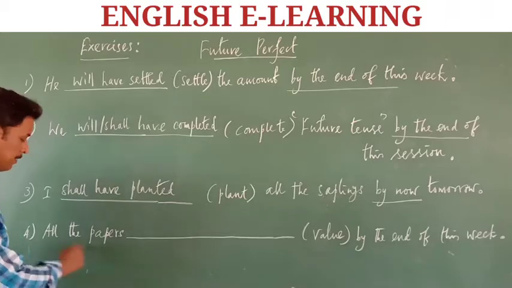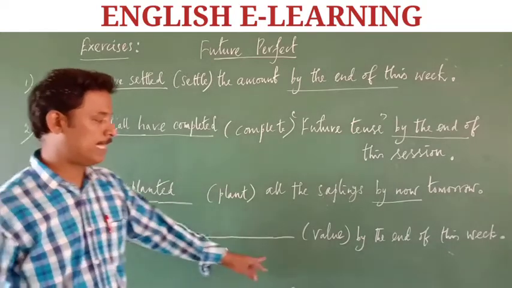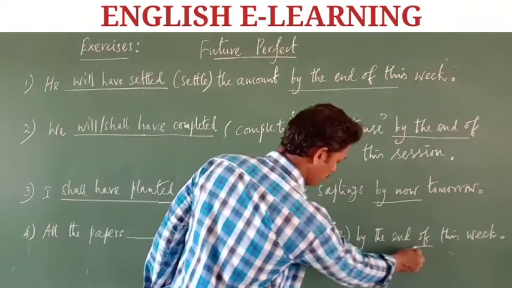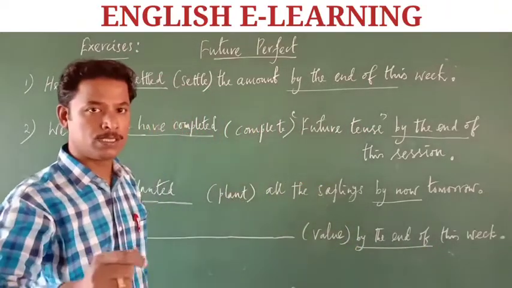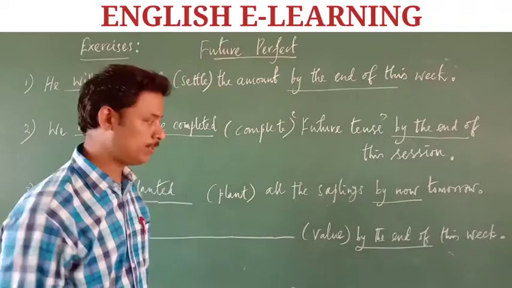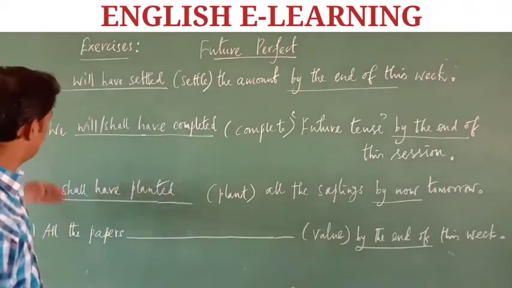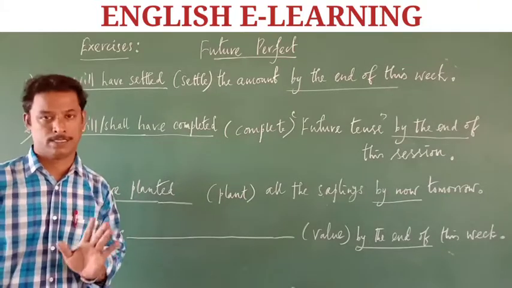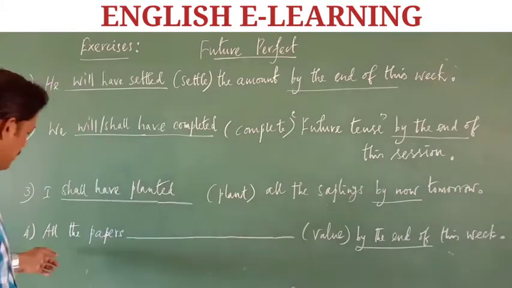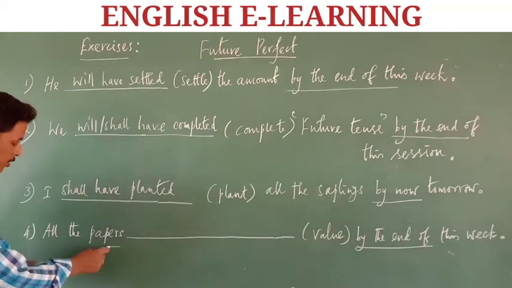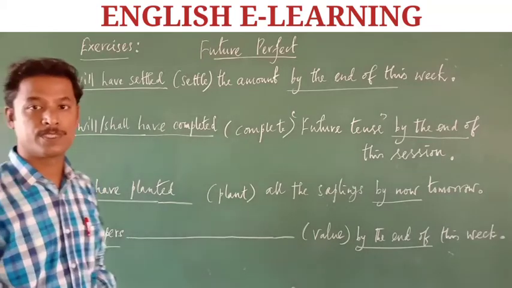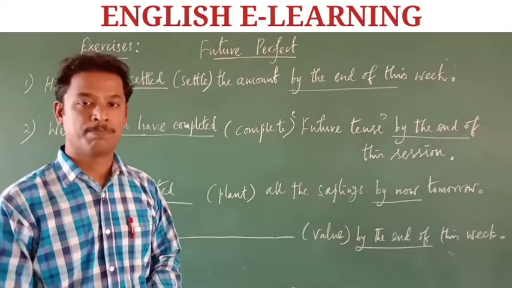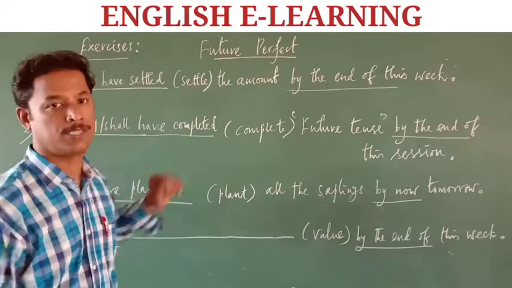Look at the last example. All the papers dash by the end of this week. Keyword is by the end of. It shows a certain period in future, and then in the first 3 sentences we have the human being as a subject, whereas look at this subject, all the papers, it is a non-human, so we can use the passive form for this tense form.